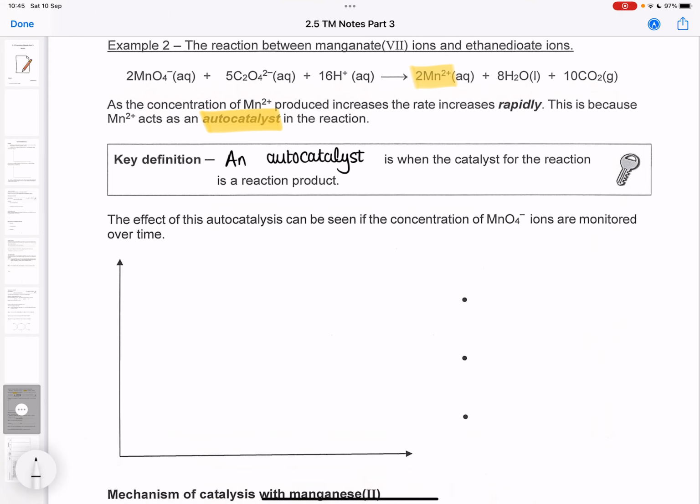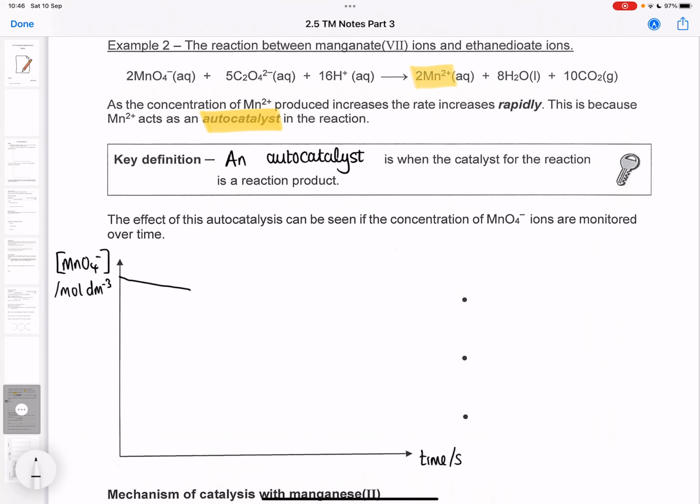We can follow this reaction quite easily because MnO4-, the reactant, is a purple colour. So if we use a colorimeter, we'll be able to monitor the amount of purple in the solution, and that will directly link to the concentration. So we'll be able to plot a concentration time graph. At first the graph is fairly level because the reaction is very slow.